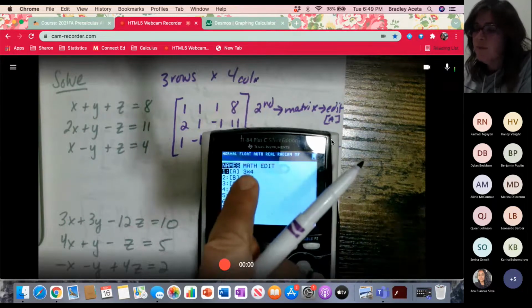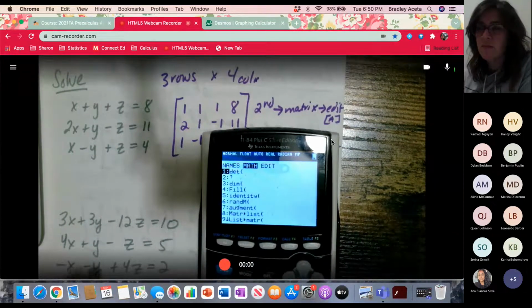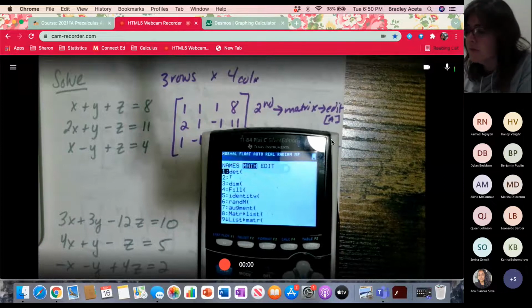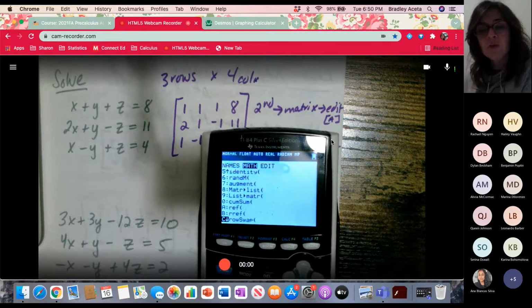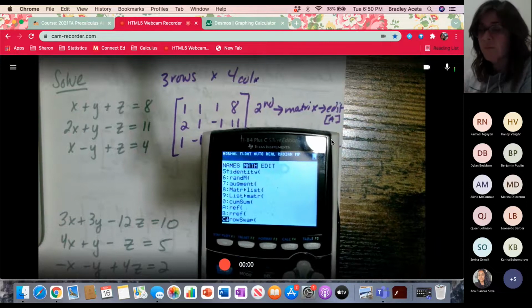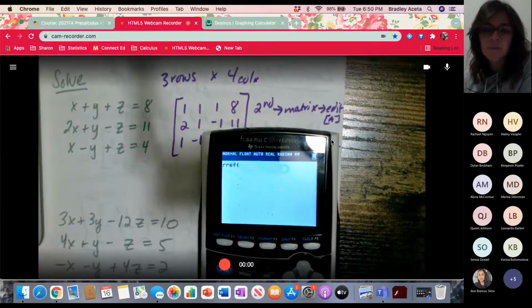But I'm going to go over to math first. I'm doing this math operation in the matrix, and scroll down until you see RREF. See how there's an REF? Go to RREF. It's called reduced row echelon form, and that's the one you want to choose. So RREF, and when you hit enter, it should come up.